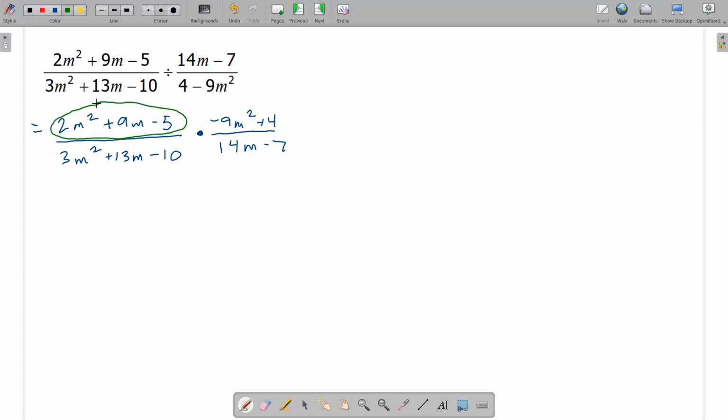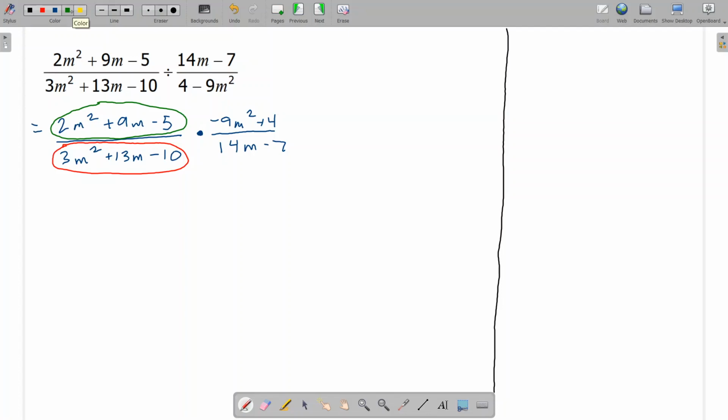This trinomial and this trinomial are going to be harder to factor because they don't have leading coefficients of 1. So I'm going to go over to the side here, and we're going to factor these off to the side rather than inside of the problem, just to save ourselves writing a bunch of extra steps.